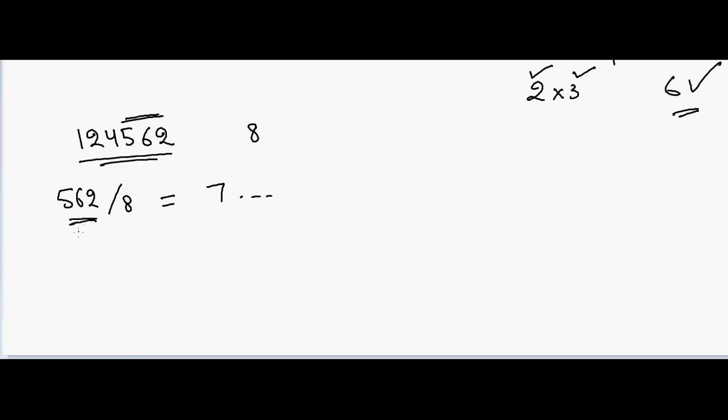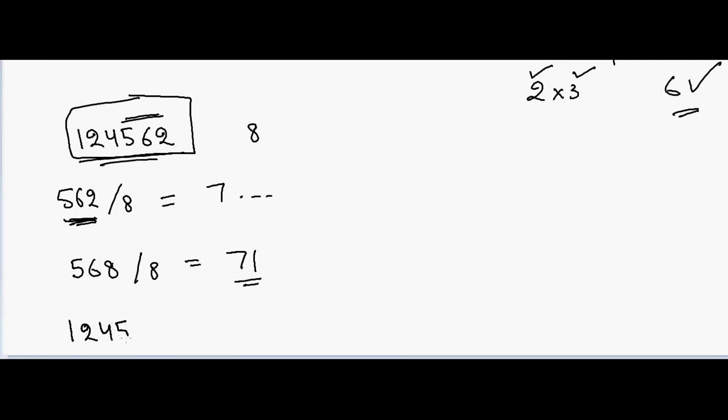So this number is not divisible by 8, so the whole number is not divisible by 8. How can I make it divisible by 8? By making these 3 digits divisible by 8. If I have 568, that can be divided by 8, and we get 71. So if I change this number to 1 2 4 5 6 8, then this number would be divisible by 8. Then it will work.